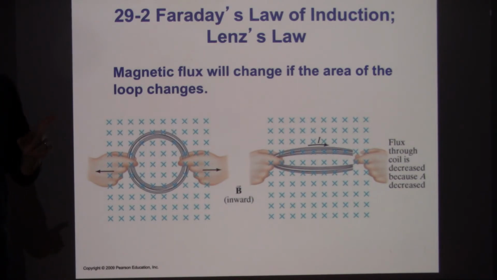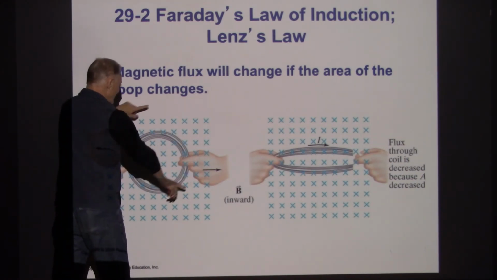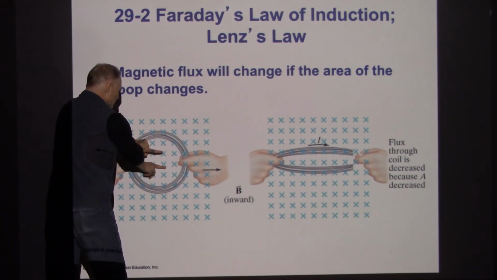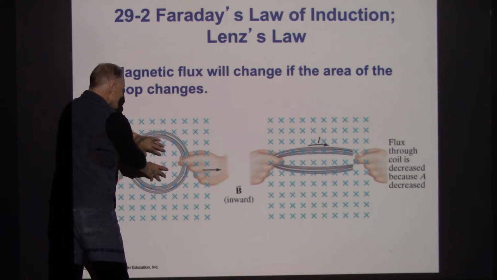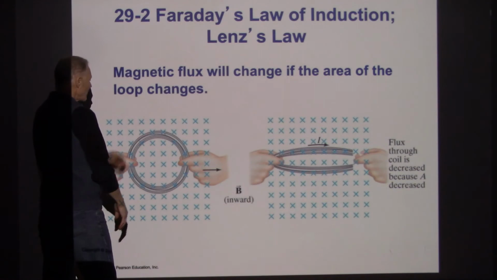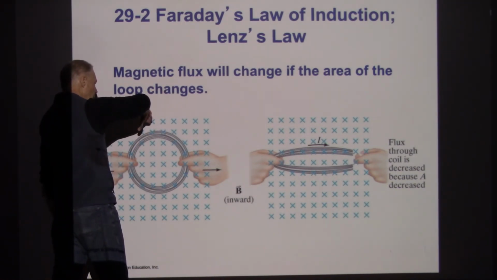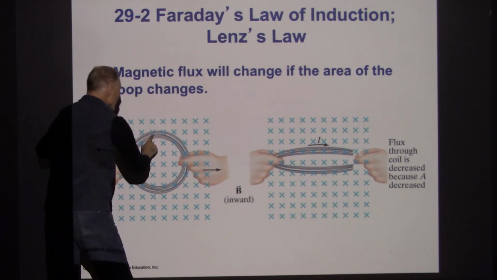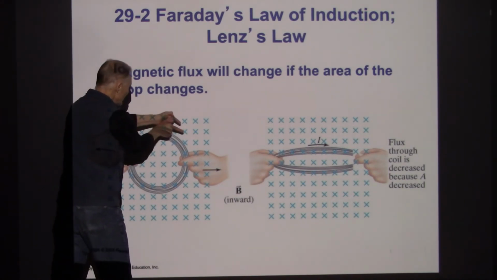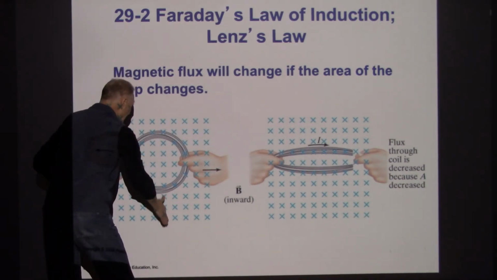Now what you might also notice in these examples is what's happening here: when I change the area, these wires are going through the magnetic field and setting up a magnetic force on the charges. If I have a velocity in that direction and I have a magnetic field here, there's going to be a force in this region, in this direction, while down here the velocity is upwards.